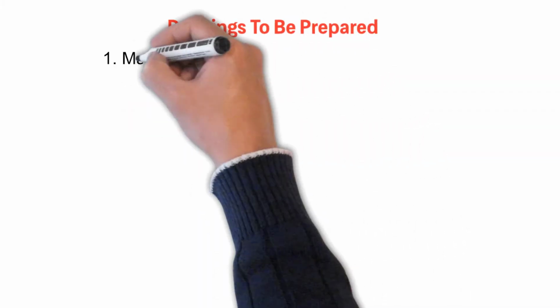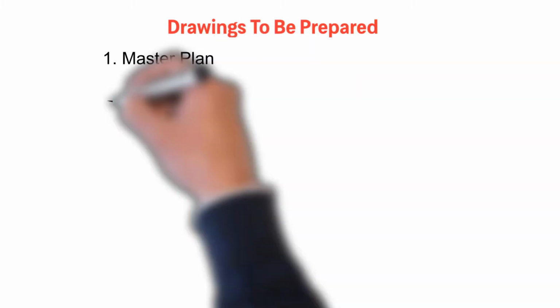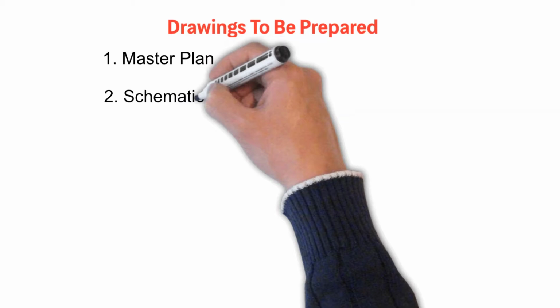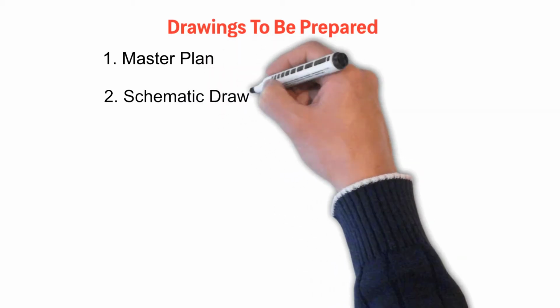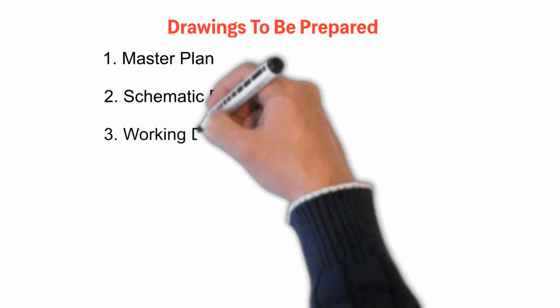What are all the drawings to be prepared? First of all, a designer should prepare a master plan showing the main buildings, ancillary buildings, service requirements, roads, drainages, entry and exit points. And then you have to prepare the schematic drawing showing the individual buildings.